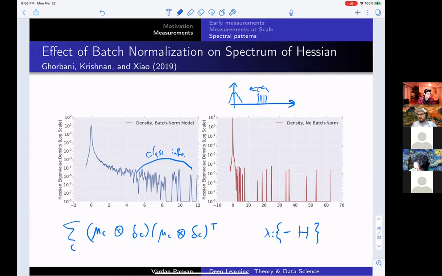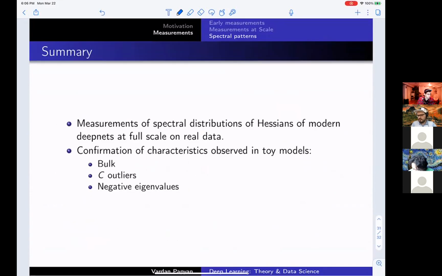No. If I remember correctly, task 1 calculates e_i transpose H e_j. Oh, okay. So it's a single entry of the Hessian.